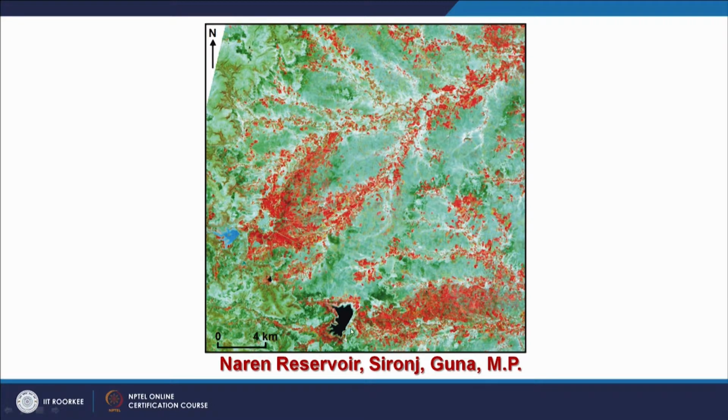This vegetation includes agricultural lands and maybe some natural vegetation, because downstream of these reservoirs there is availability of groundwater, and that groundwater and moisture is allowing the growth of vegetation in these areas.